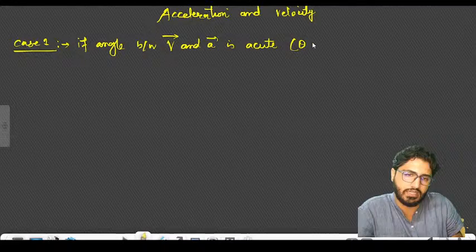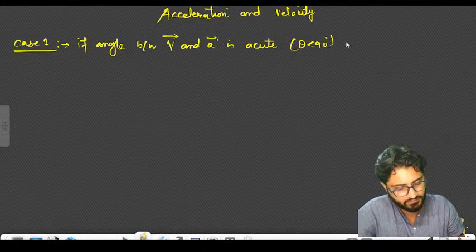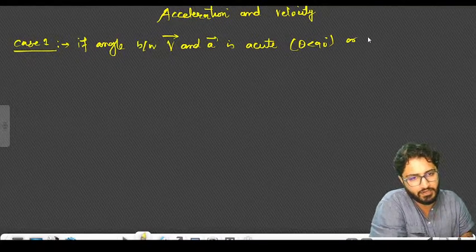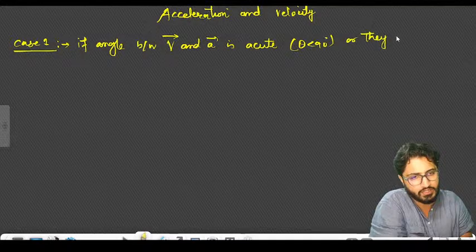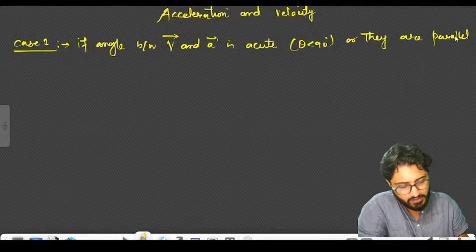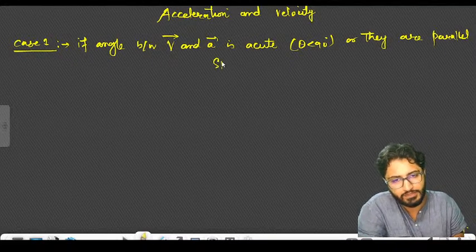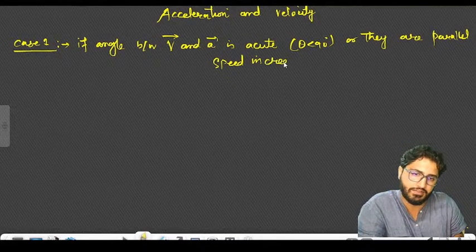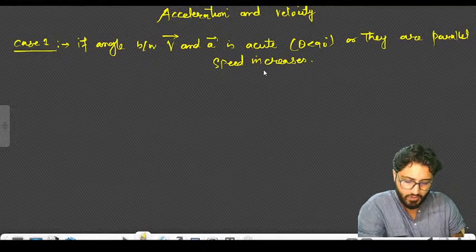Acute means when theta is less than 90 degrees. Or they are parallel. If my velocity and my acceleration are parallel, so what will happen now? Speed increases. Look now how.